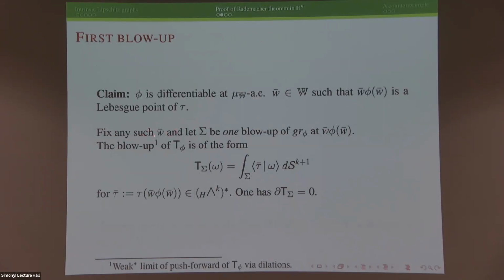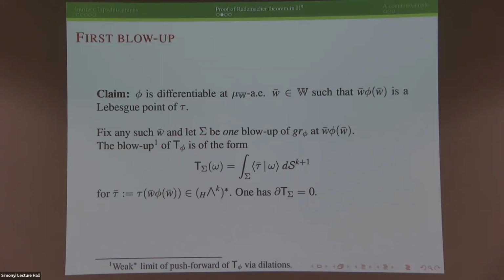We fix such a point W, and we consider the blow up of the graph at the corresponding point on the graph. So we move the point on the graph to the origin and we dilate. In principle, we might have several possible blow-ups. Our goal is proving that all blow-ups are the same and actually that they are a vertical plane. That's our goal. Okay, fix one among the possible blow-ups, call it sigma.